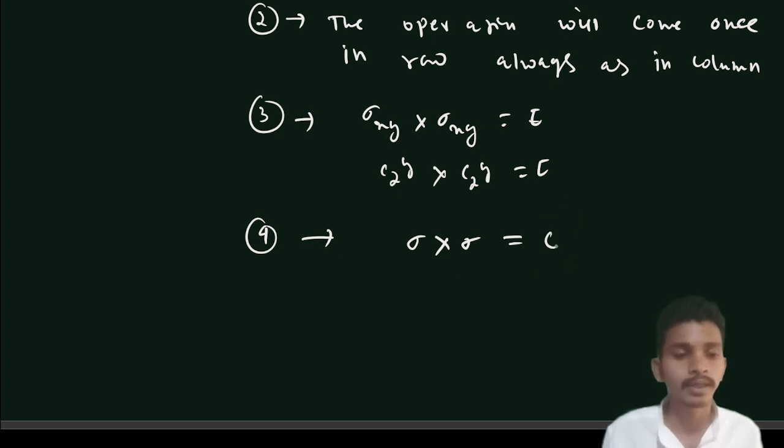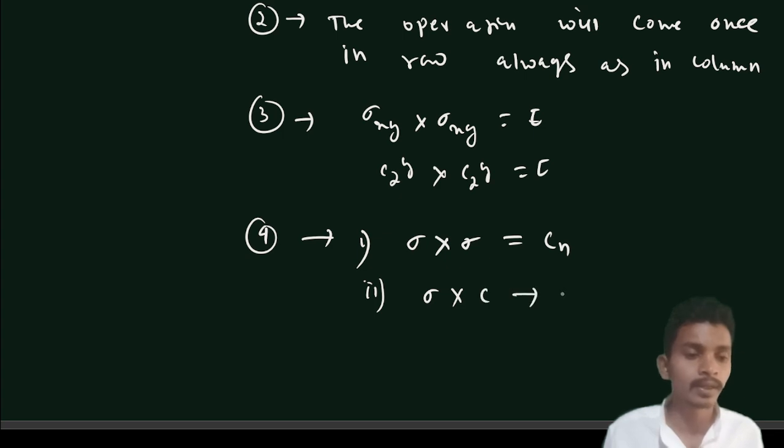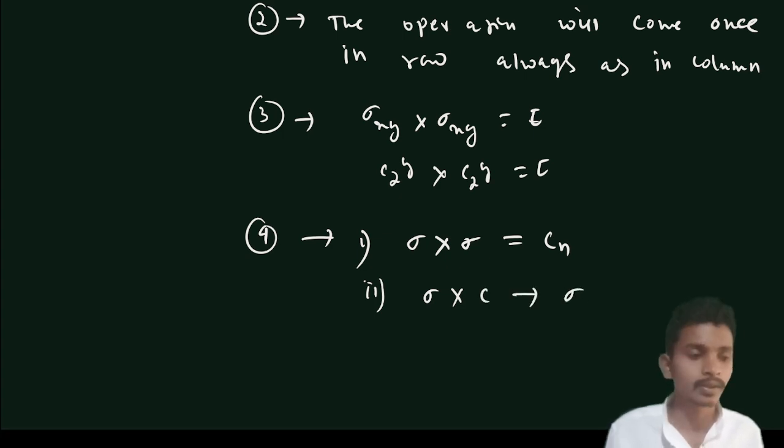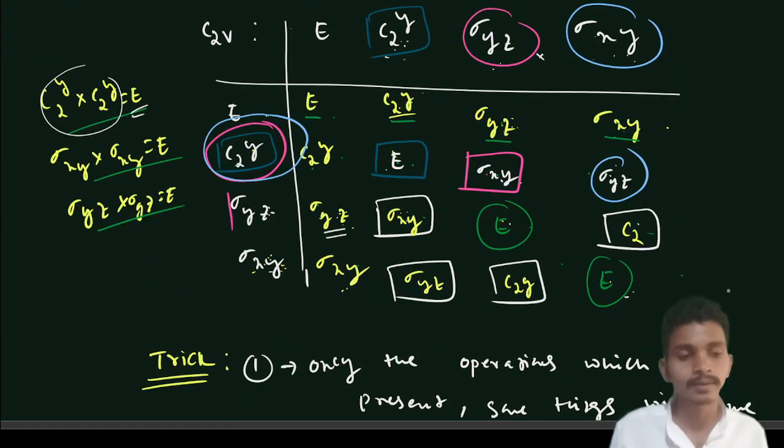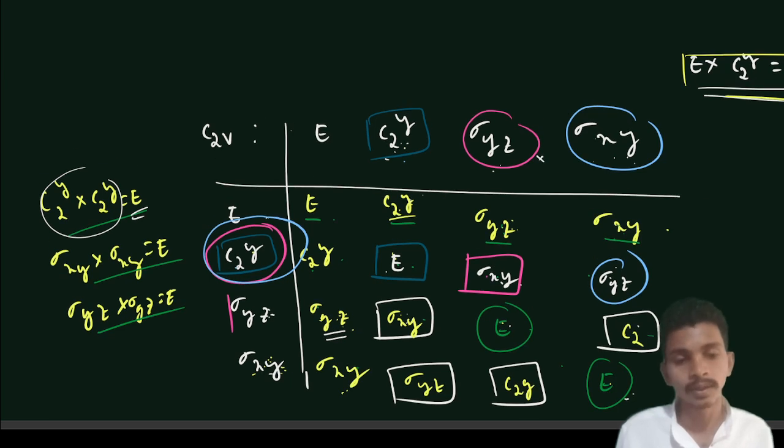And if we multiply sigma into axis, then we will get sigma. So if we observe these four things, we can make the group tables very quickly.